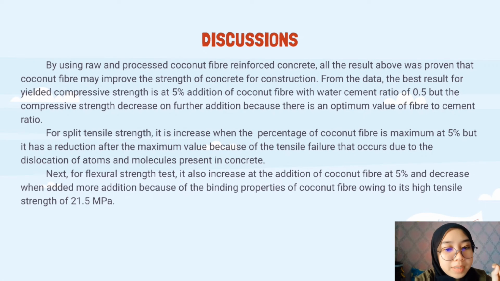Next, for split tensile strength, it is increased when the percentage of coconut fiber is maximum at 5%, but it has a reduction after the maximum value because of the tensile failure that occurs due to the dislocation of atoms and molecules present in concrete. Lastly, for flexural strength test, it is also increased at addition of coconut fiber at 5% and decreases when more is added because of the binding properties among coconut fiber owing to its high tensile strength of 21.5 megapascal.